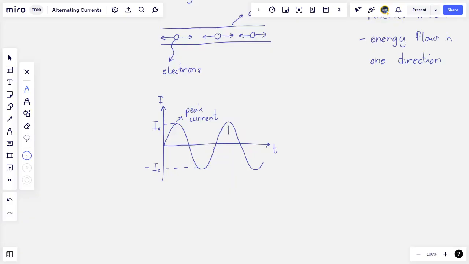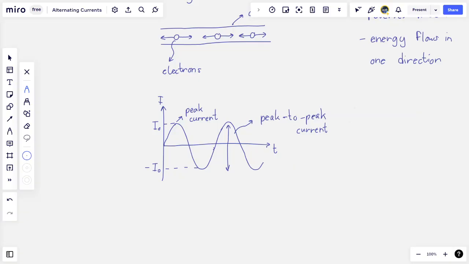So what we do is we measure the distance from a crest to a trough, from the topmost peak to the bottommost peak, I0 to minus I0, and the magnitude of that value is what we call a peak to peak current.